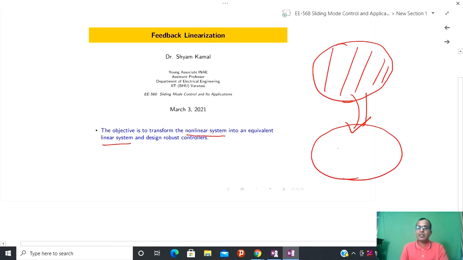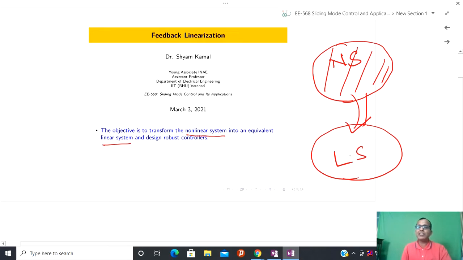But it is possible to show that this non-linear system, NS, and this linear system, in some specific cases, the system is still non-linear but looks like a linear system, and I will tell you what the meaning of looks like a linear system is.